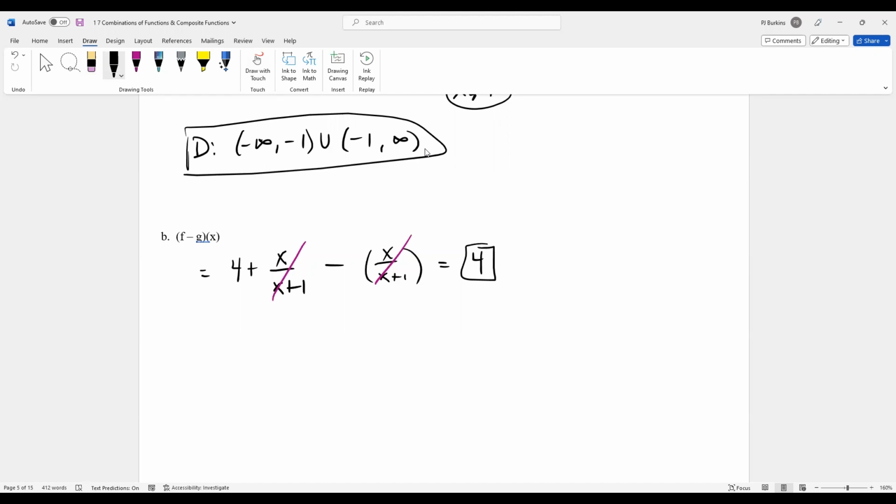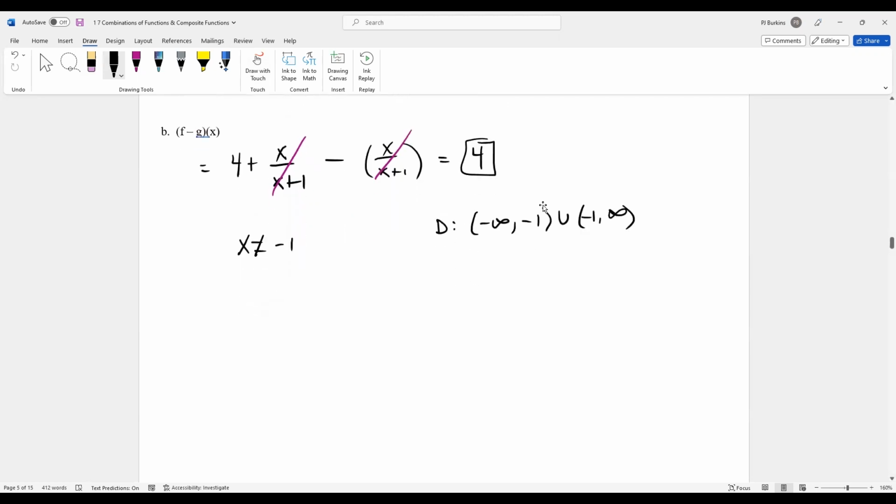However, there are values of x that we're not allowed to plug in because of the original functions. The original function said x is not allowed to be -1. And so the domain of the new function, even though it's just y equals 4, has to still be -infinity to -1, -1 to infinity. So if you were to plot that, for instance, right, y equals 4 is up here, you would expect that to be, right, everything.